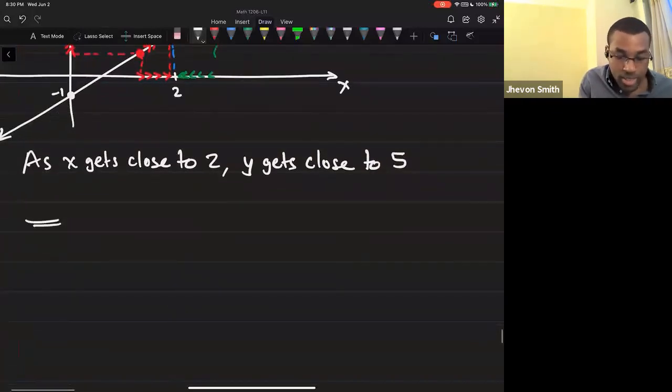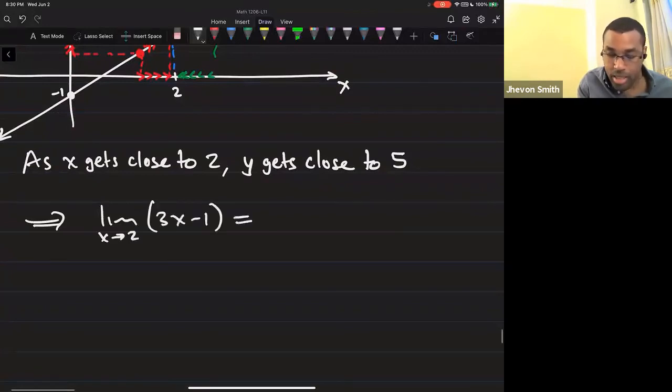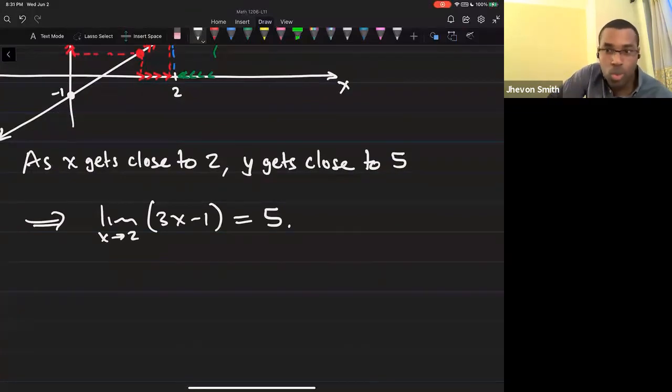Another way of saying that is the limit as x approaches 2 of 3x minus 1 is 5. The y value gets close to 5 when my x value gets close to 2 in the expression 3x minus 1. Everyone would agree with me on that. There's no escaping that, and that's the answer.